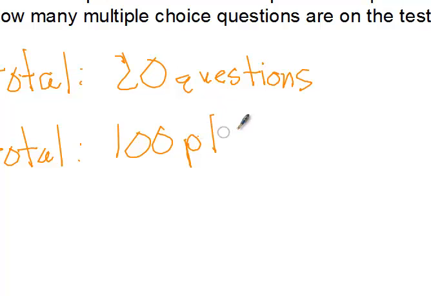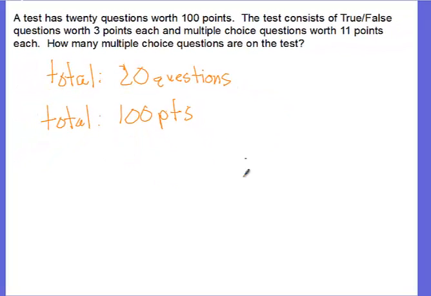If we remember from creating linear equations, since we know these are our two totals, our one equation has to equal 20 and our point equation has to equal 100. Now we want to build the left side of our equations using our variables. Like I always say, the variables are whatever the question's looking for.